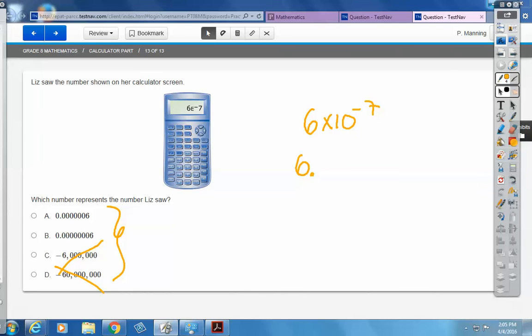So I'm going to take my 6.0 and move the decimal place 7 to the left, because it needs to be smaller than 1. 1, 2, 3, 4, 5, 6, 7. I'm going to plug in my zeros. Including the 0 in front of the decimal point, I have 1, 2, 3, 4, 5, 6, 7. So we know this is it. And so there we have it.